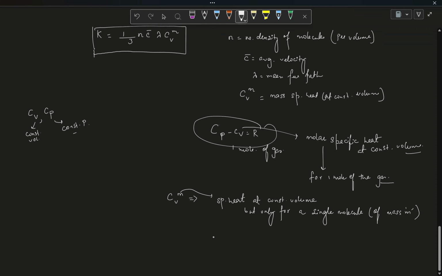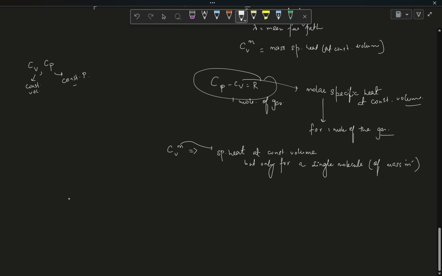So K is 1/3 n C bar lambda CVM. Then you can use the expression for lambda, because you know the mean free path formula from the earlier week's lecture. It is 1 over root 2 n pi sigma squared, where n is again the number density and sigma is the diameter of each molecule.